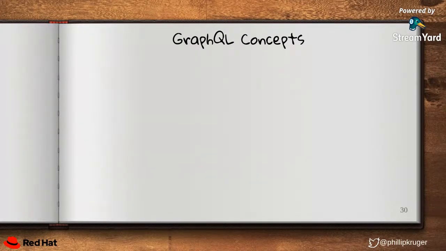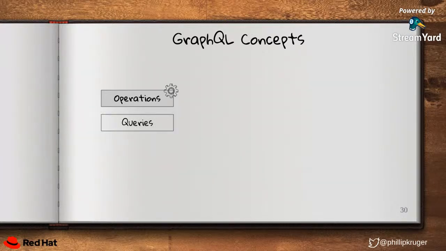Some of the concepts in GraphQL, before we continue, just so that you have some context. It has operations. The two that we would look at now are queries, which is asking for something. In a traditional database type application, if you think of CRUD, this would be the read part, the R of CRUD.